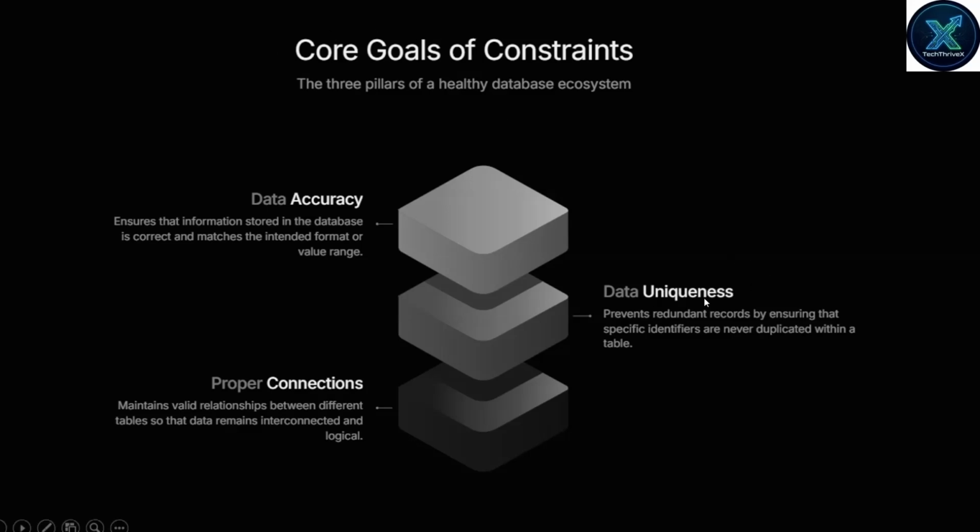Data uniqueness prevents redundant records by ensuring that specific identifiers are never duplicated within a table. And the third pillar is proper connections. It maintains valid relationships between different tables so that data remains interconnected and logical.